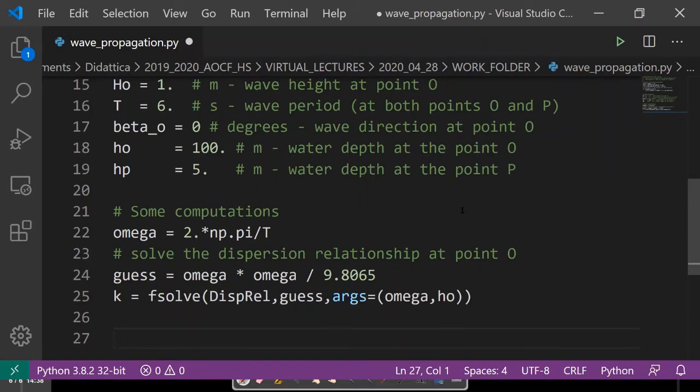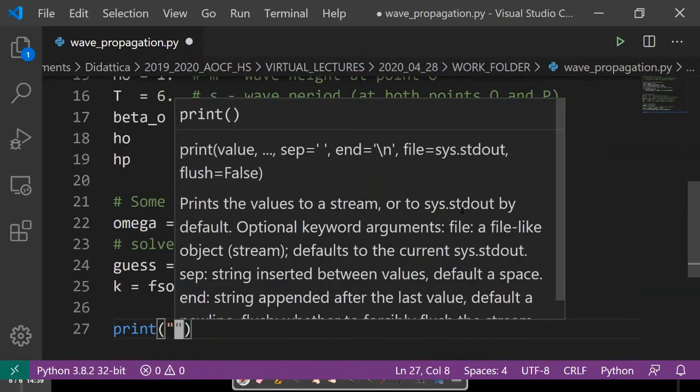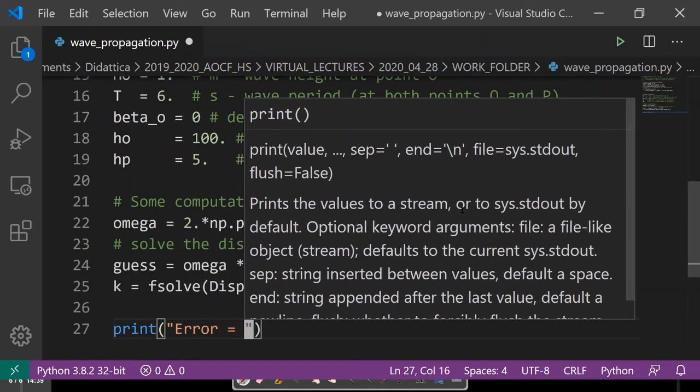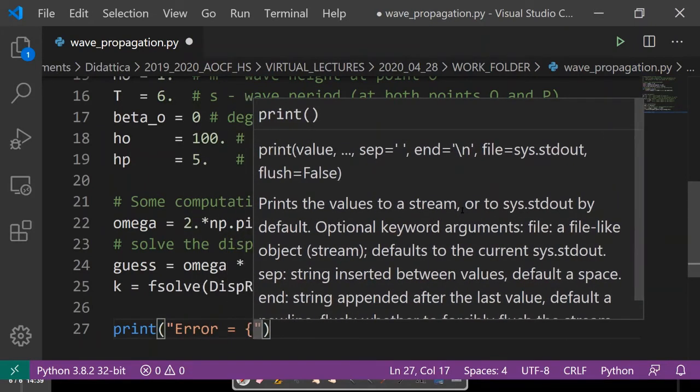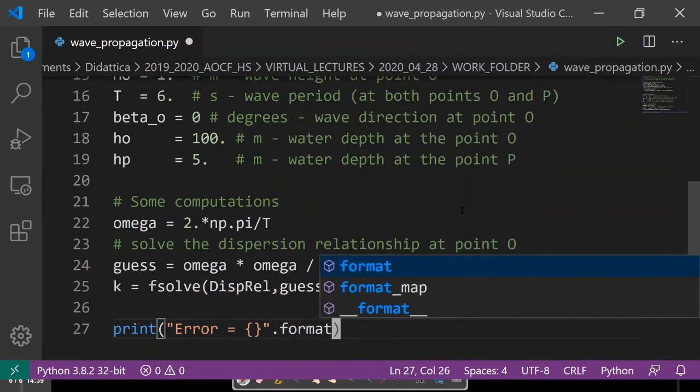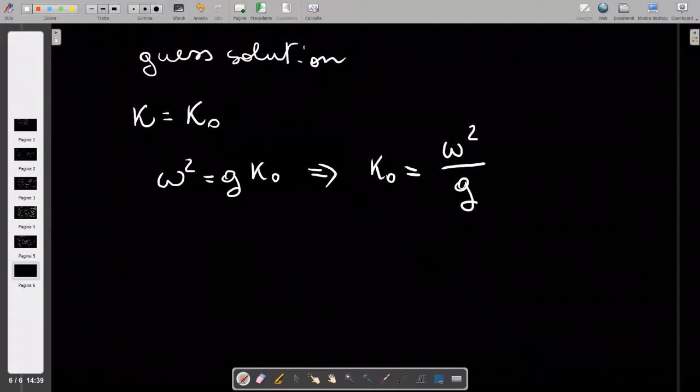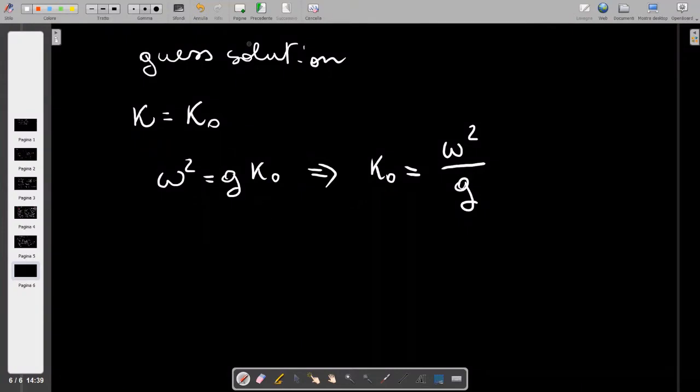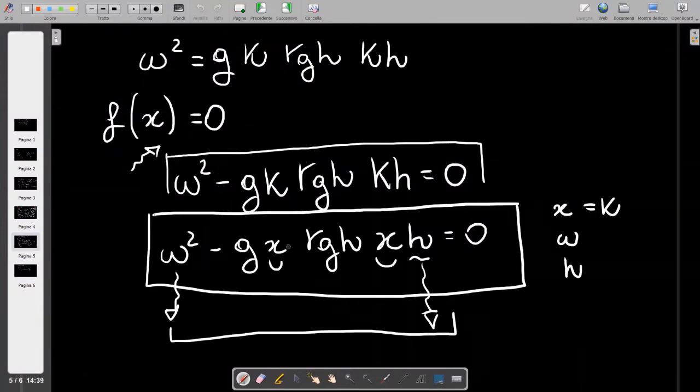How can we verify if the computed value is correct? We can write the error format, which is the error. How we can get if the solution, if x star is the solution of this one?